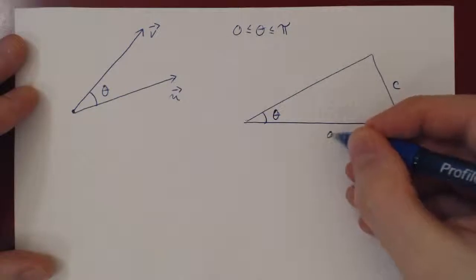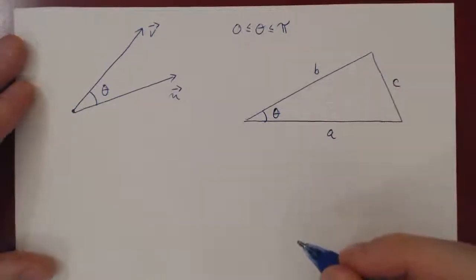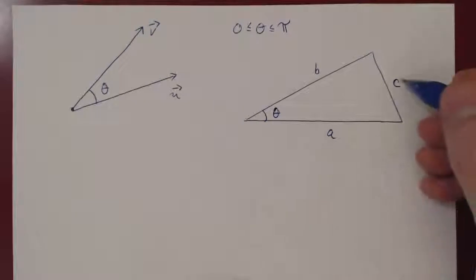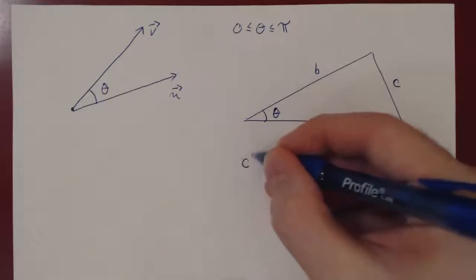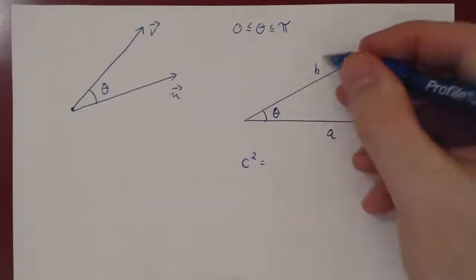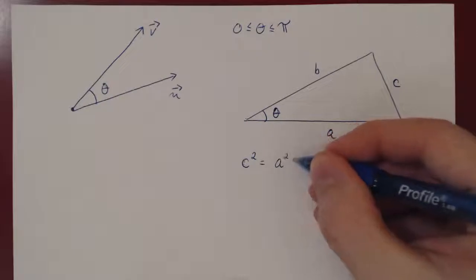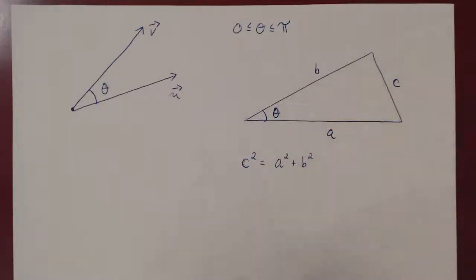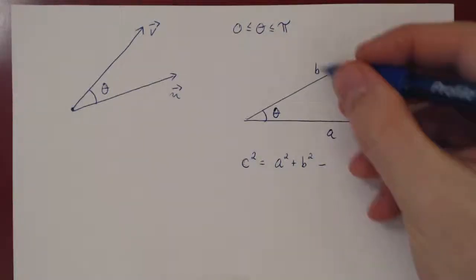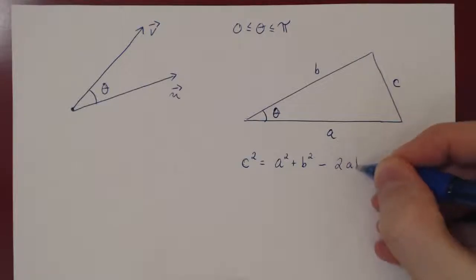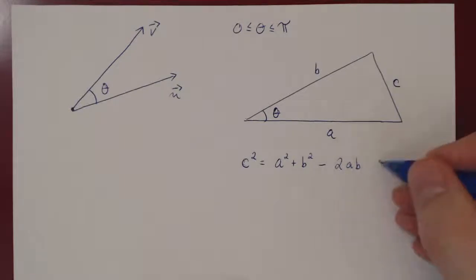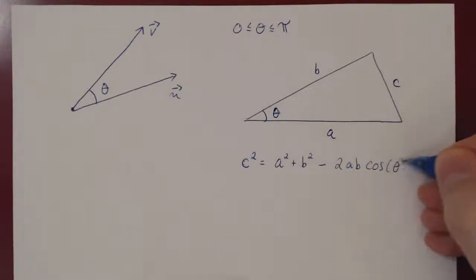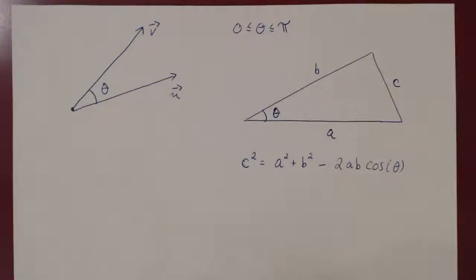We call this side C, and we call these sides A and B. If you recall, the law of cosines says that C squared, the side opposite to the angle, is equal to A squared plus B squared, but there is a correction factor, and that correction factor is minus 2AB times the cosine of the angle opposite to edge C. So minus 2AB cosine of theta. And that is the law of cosines.